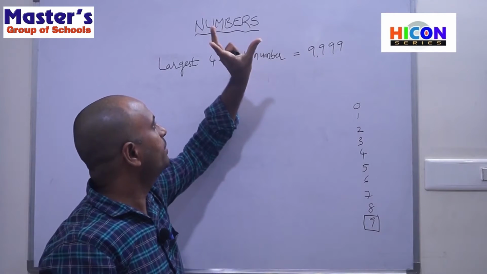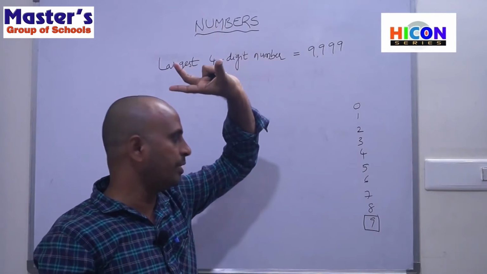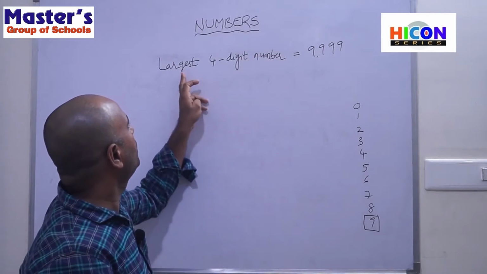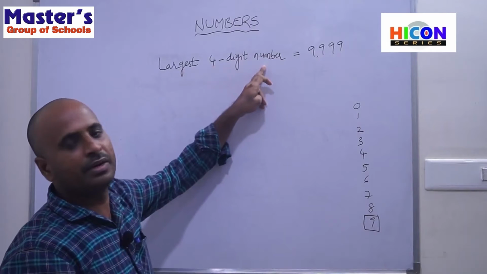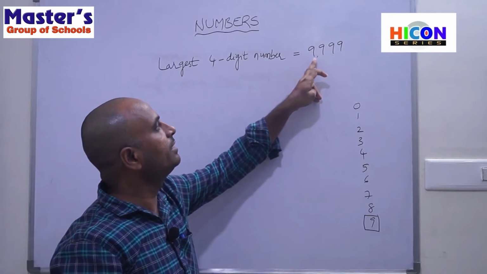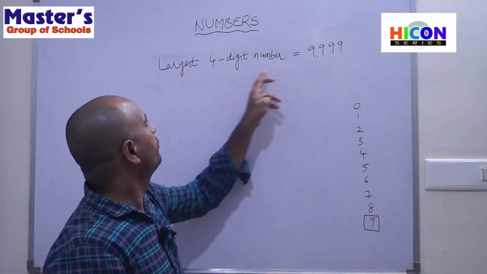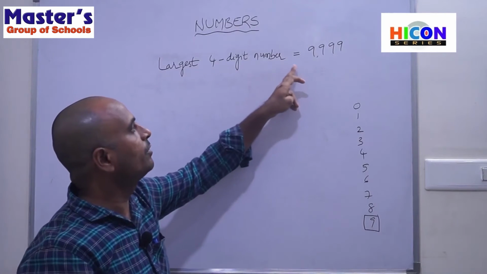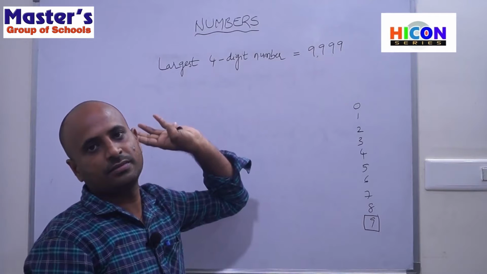Largest numbers can be formed by using the digit 9s only. If we want the largest 3-digit number, we just write 3 9s. If we want the largest 2-digit number, we write 2 9s.